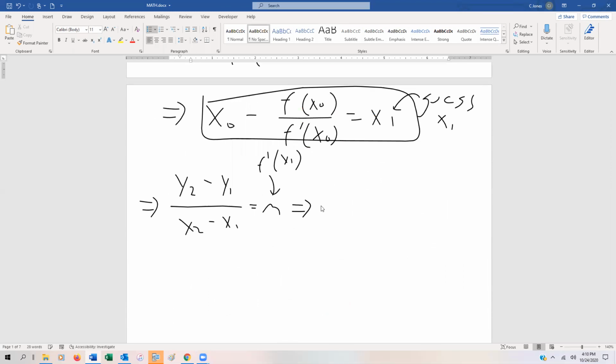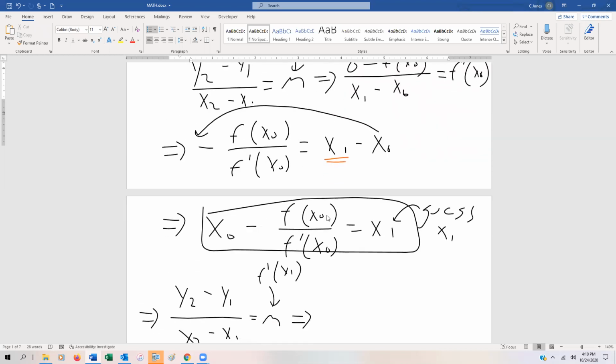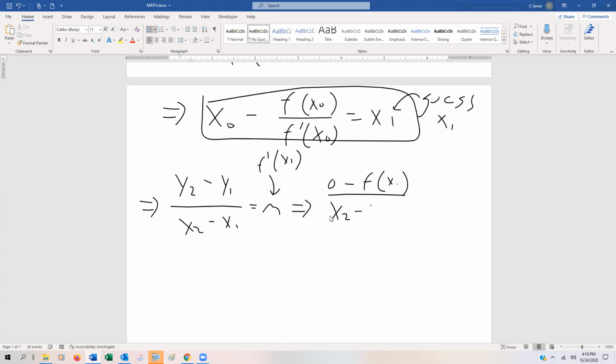So if we plug this into our formula, we get 0 minus f at x1, divided by x2 minus x1, and that's equal to our slope, which is f prime at x1.